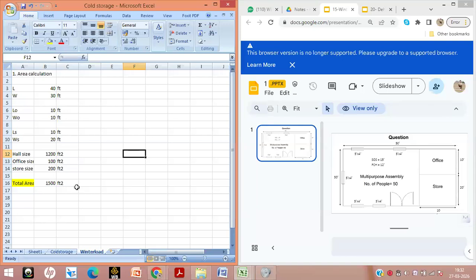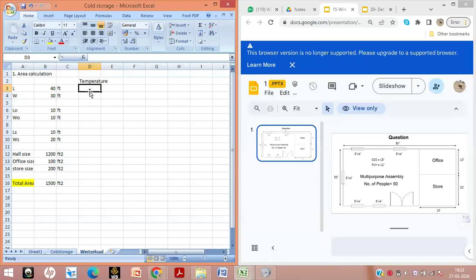Now let's consider certain assumptions regarding temperature.